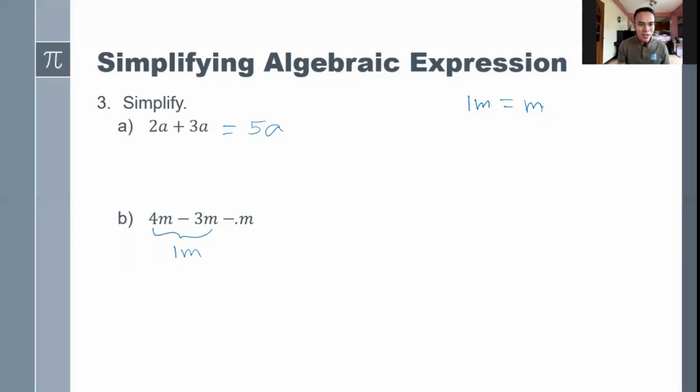So we have here 1M, and then you bring down minus M. You have now 1 mango minus 1 mango equals, what do you have left? 0. You have nothing left. Did you get that? M minus M is 0. When you subtract a number from itself, the answer is always 0.